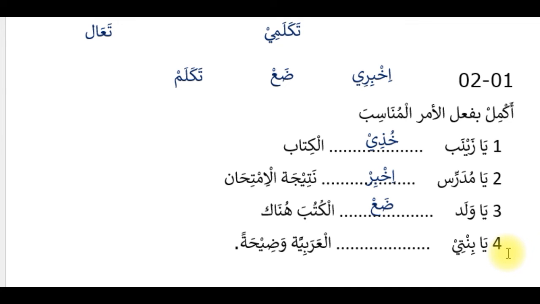4. يا بنتي, oh my daughter, or oh my child, oh my girl. عربية واضحة. Arabic, clearly. So which one? تكلم is for male. تكلمي when using words for female. يا بنتي, تكلمي عربية واضحة.